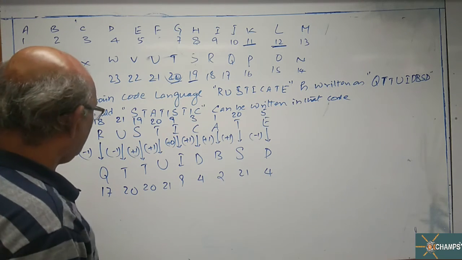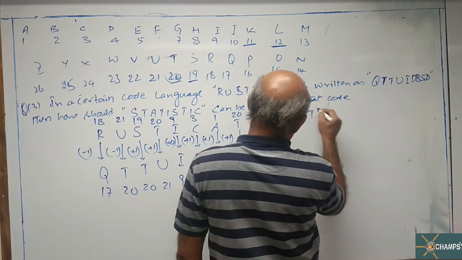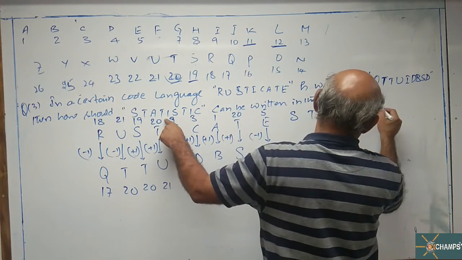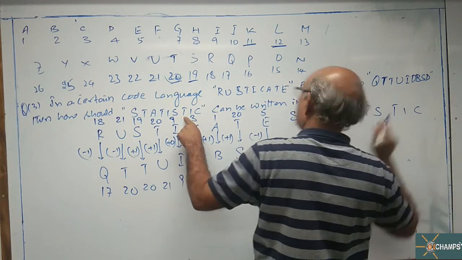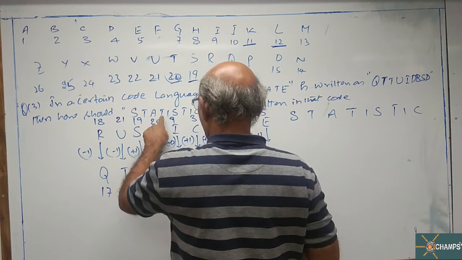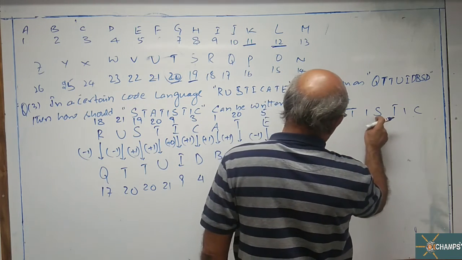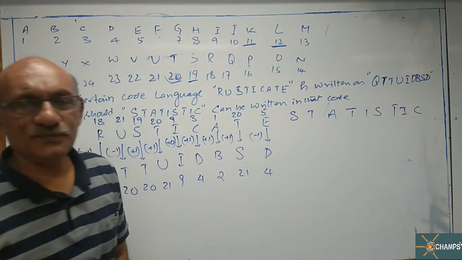So let us see, sir. Statistics I have to decode. I have to write S T A T I S T I C S, 1, 2, 3, 4, 5, 6, 7, 8, 9. Then what will I do immediately?